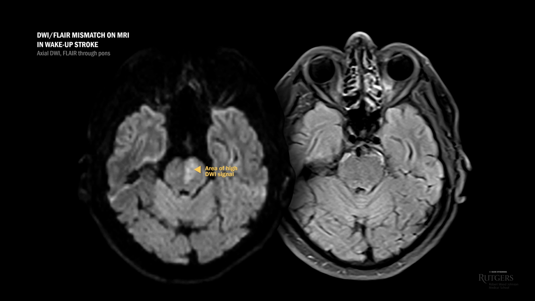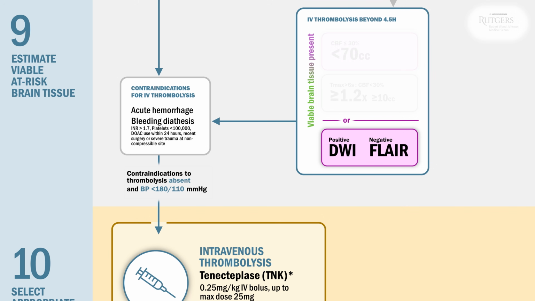But FLAIR takes hours to show cerebral edema caused by ischemia, kind of like a non-contrast head CT. So ischemic tissue that shows up bright on DWI, but not yet bright on FLAIR, is potentially salvageable and therefore potentially treatable. And once again, before administering a thrombolytic, please review those contraindications.